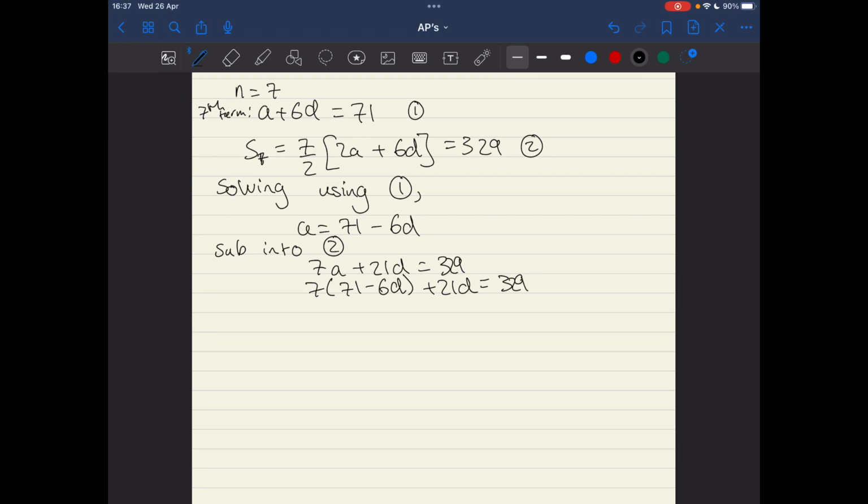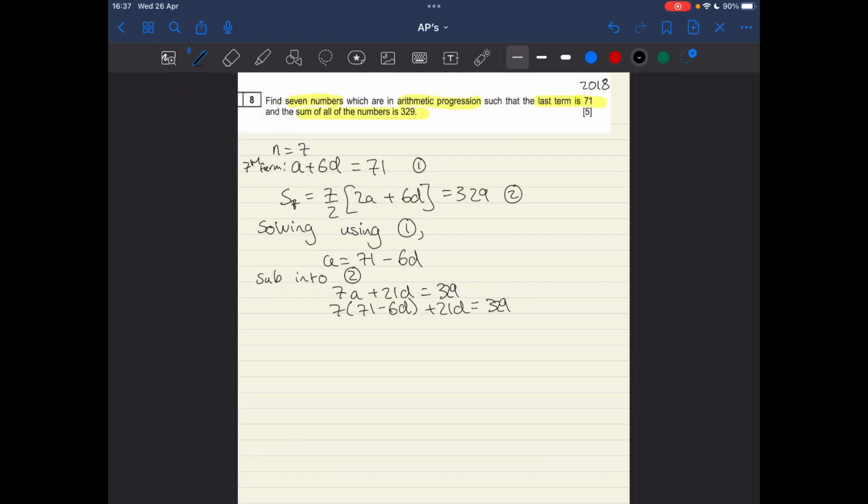Don't know why I done the 9 first. So now I'm going to look to divide through by 7. So I remember I got to do a whole equation, so this would just be 71 minus 6D, and then 21 divided by 7, which would be plus 3D, is equal to 329 divided by 7 is 47.